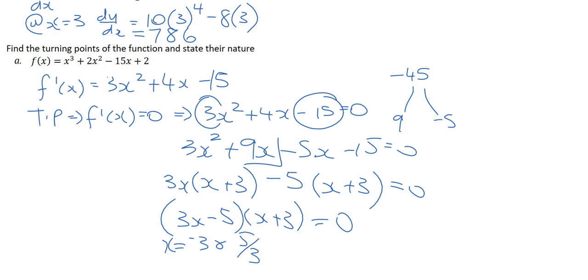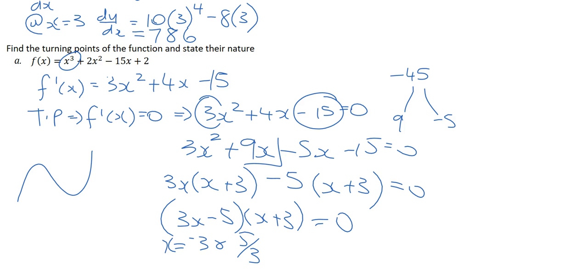You could substitute those two back into the original equation, and one will give you a high number, one will give you a low number, and therefore one's the max, one's the minimum. The way I taught my class last year, how do you remember that? So there's your positive cubic, looks like that.